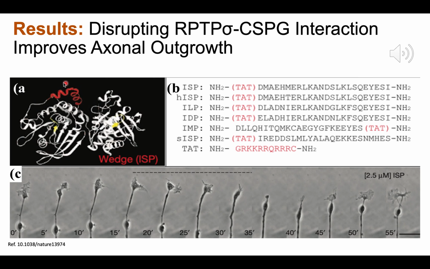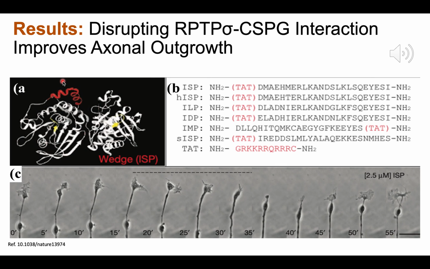And why this was interesting to researchers was because, as stated earlier in the introduction, when CSPGs bind to the receptor, that activates the receptor and results in a signal change in the downstream signaling pathway, specifically the ROCK signaling pathway that will then collapse growth cones and inhibit regeneration.